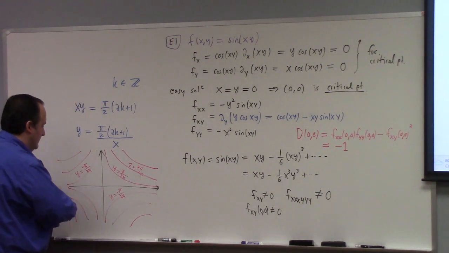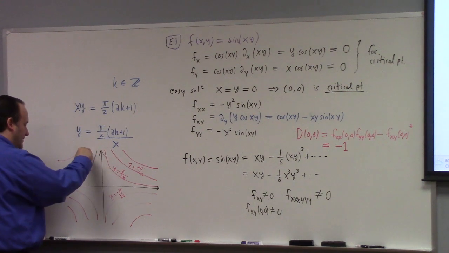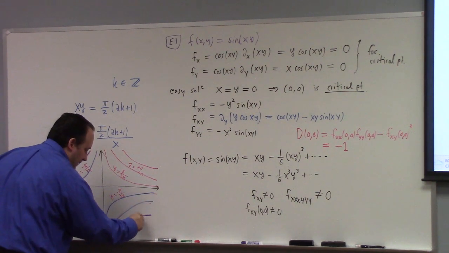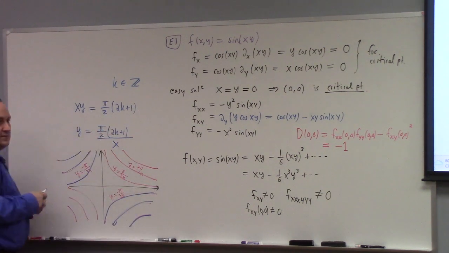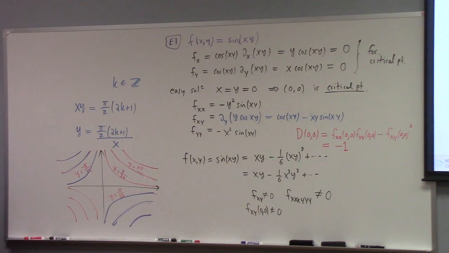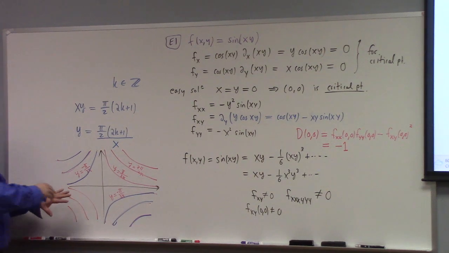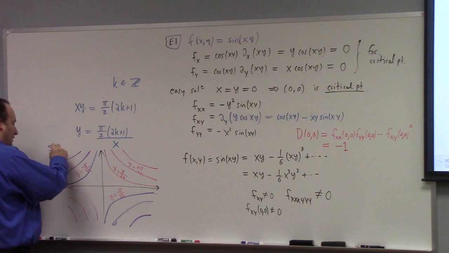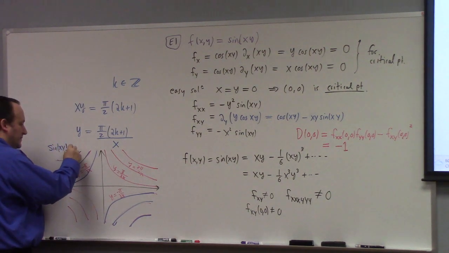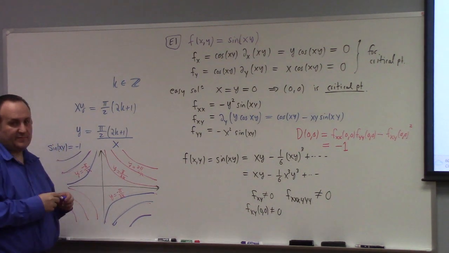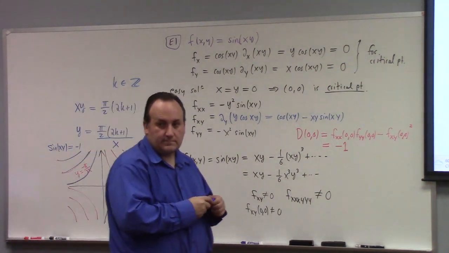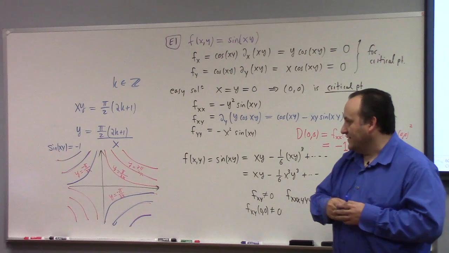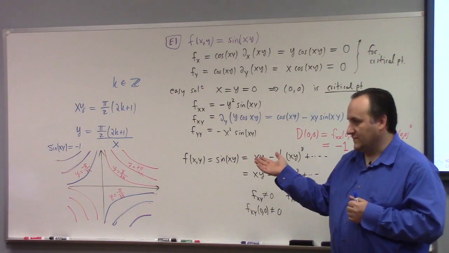So in fact, these are all mins, I think, because we have sine is minus 1 along these. And these are all maxes because we have sine of 1 on the red ones. If I'm thinking through it correctly. So a sine curve would peak and then drop, peak and drop. In 3 dimensions, that is what's going on.